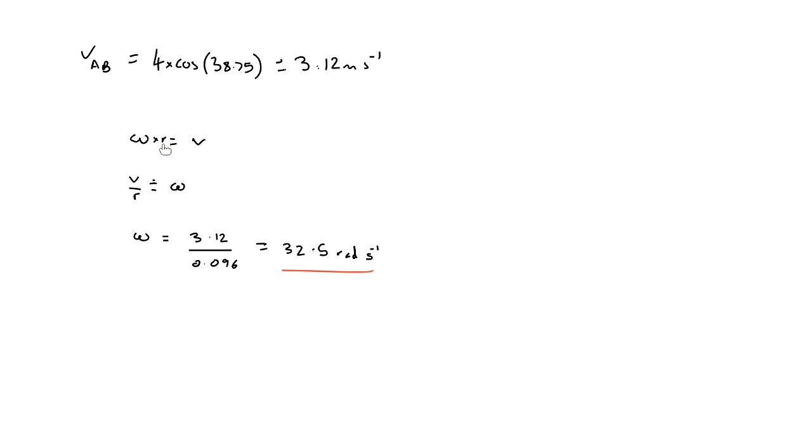The beam is 180 millimeters long from B to C. So the velocity of part C with respect to B is equal to 32.5 radians per second multiplied by 0.18 meters to give us an absolute velocity for point C of 5.85 meters per second.